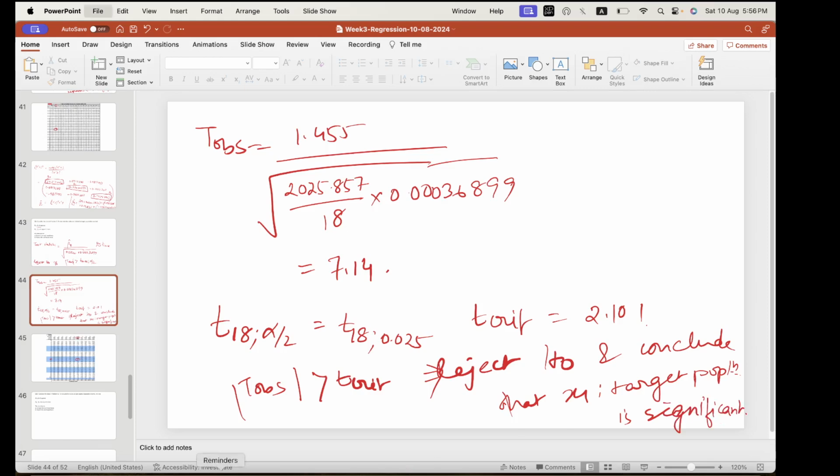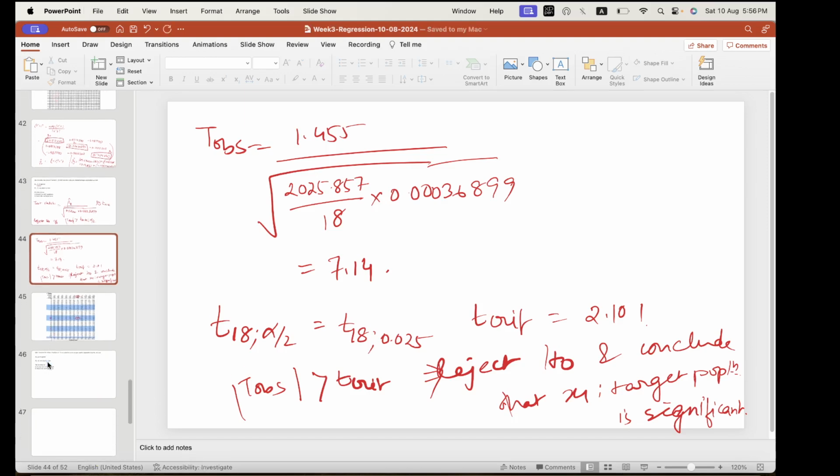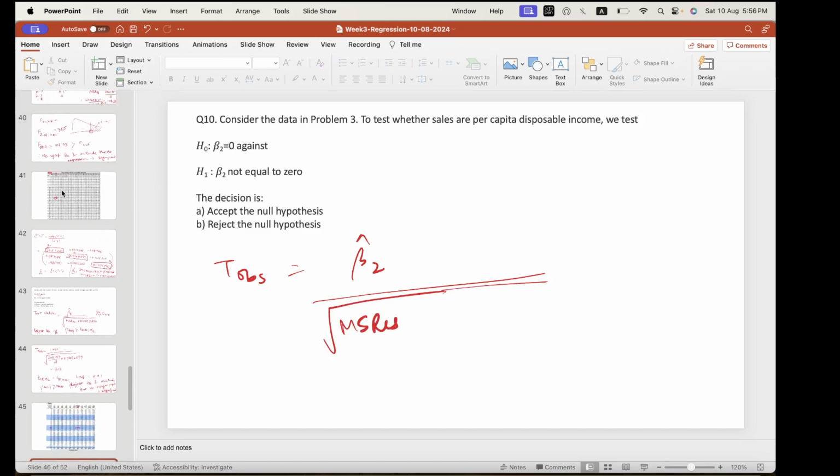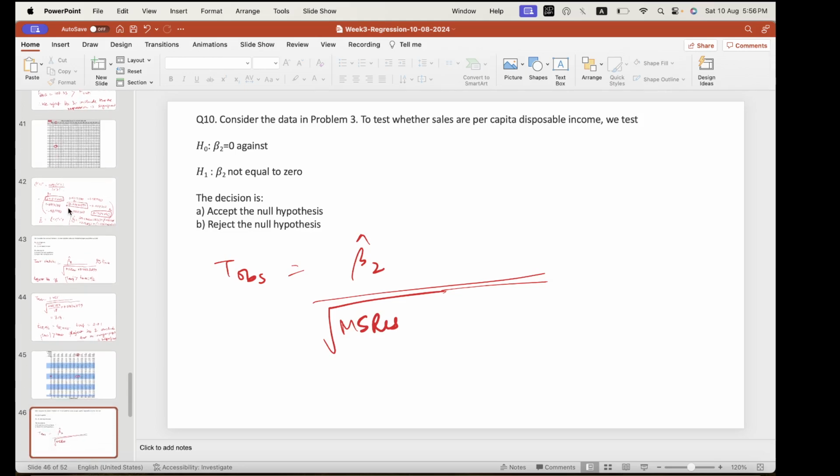Alright, so similarly for beta 2 not equal to 0, same thing, the t observed will be beta 2 hat by root over MS residual into the third diagonal element of X prime X inverse.